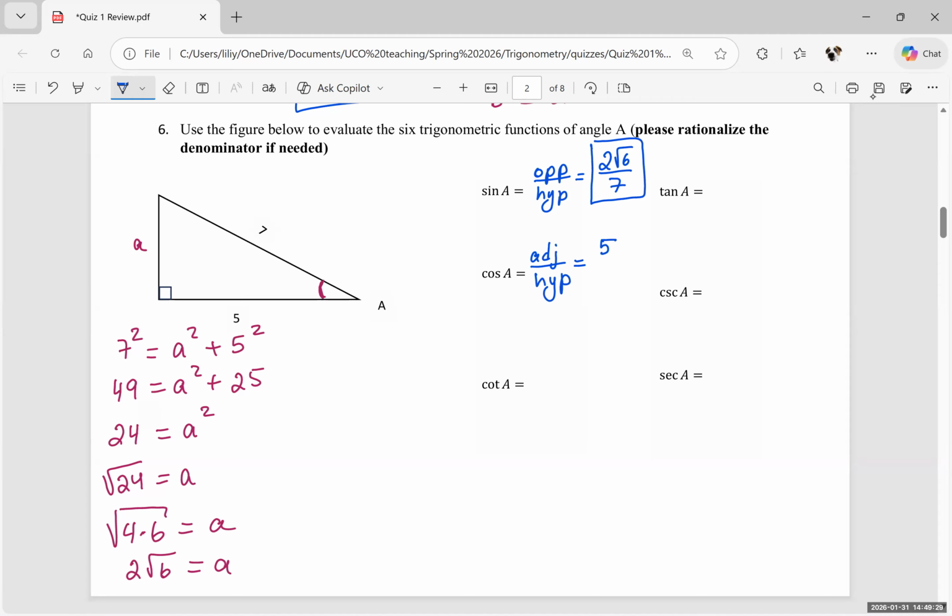Adjacent side is 5, hypotenuse is 7. I'm going to go to tangent now. Tangent A is opposite over the adjacent. Opposite side is 2 square roots of 6, and adjacent side is 5.